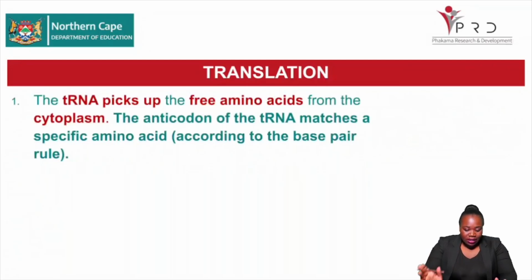Okay, now let's have a look at translation. This is what you would then need to know in order to answer these questions. Now, as you are going through your preparation, make sure that you go through your past papers, have a look at your notes, and write down each and every process that you will come across in life sciences, especially in paper 2.